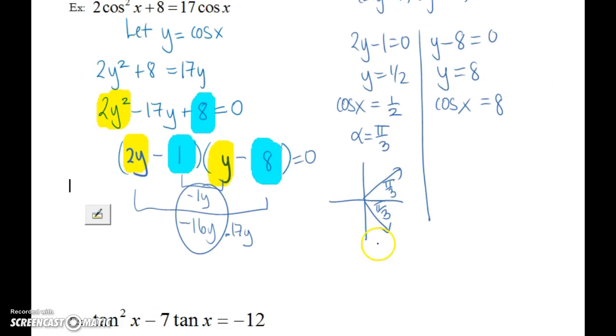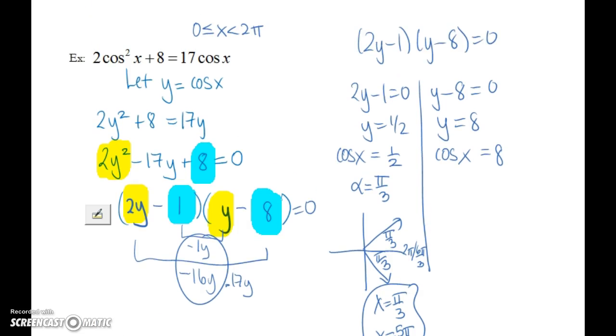So the quadrant 1 angle is pi over 3, and the quadrant 4 angle is 5 pi over 3. And that's because 5 pi over 3 is pi over 3 units before 2 pi, which is written as 6 pi over 3. 6 pi over 3 minus 1 pi over 3 is 5 pi over 3. All right, so those are two of our solutions.